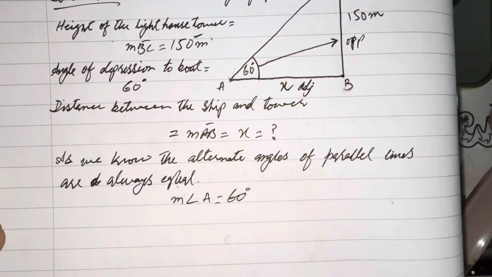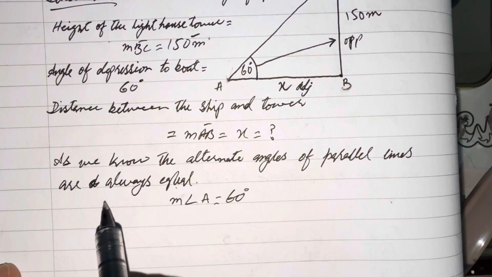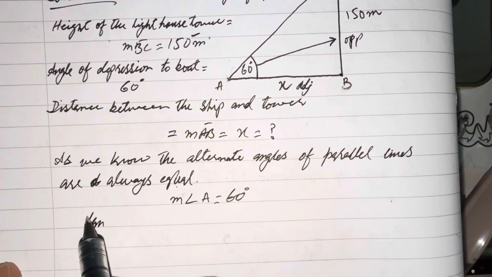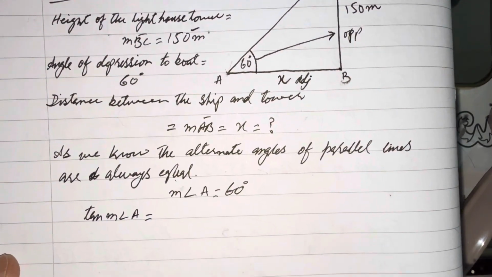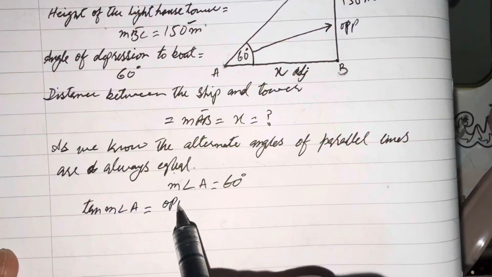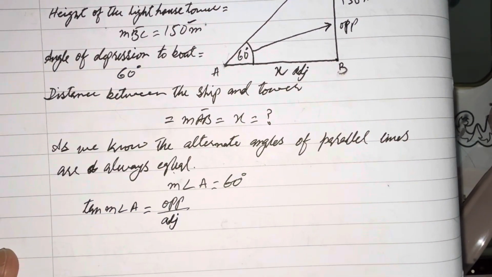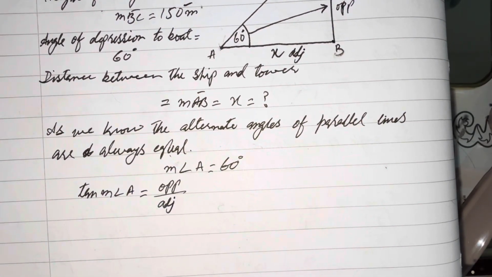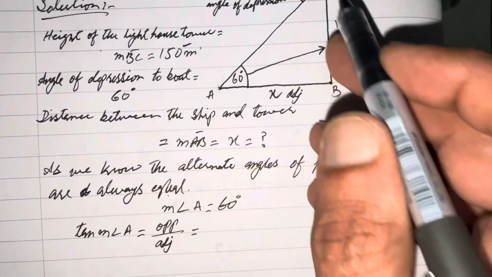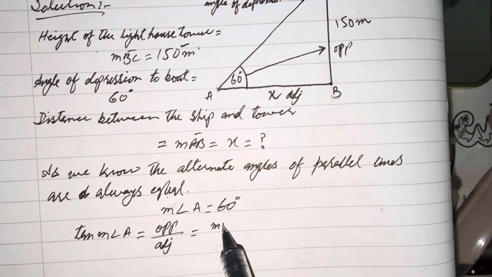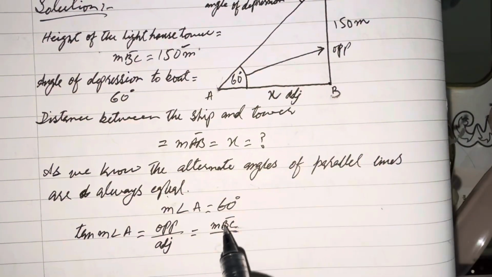If we remember, tangent of angle A will be equal to the opposite side divided by the adjacent side. The opposite side, according to the figure, is BC. So we can say the measure of BC divided by the measure of AB. AB is the adjacent side.